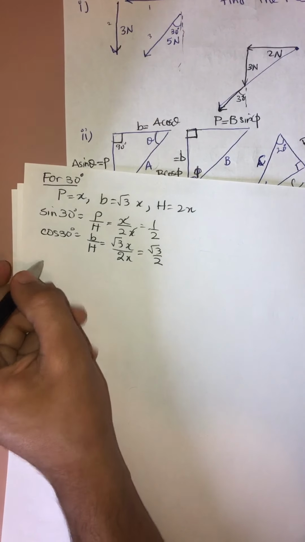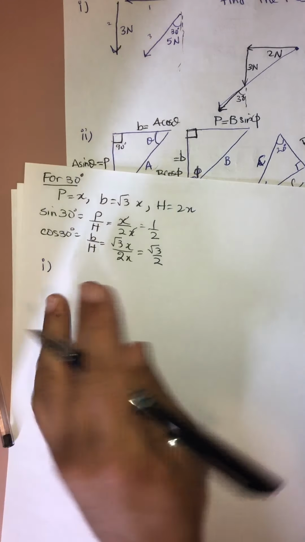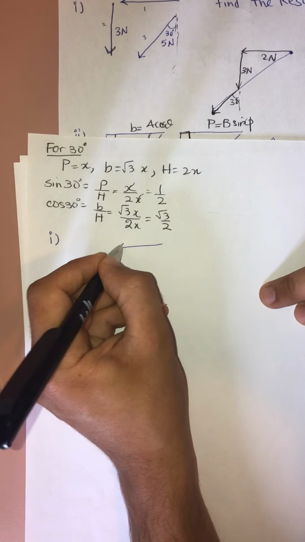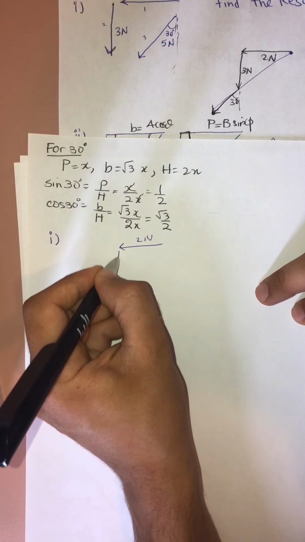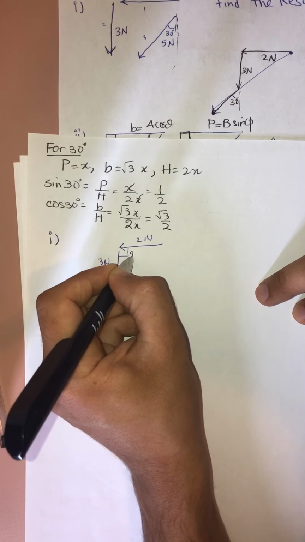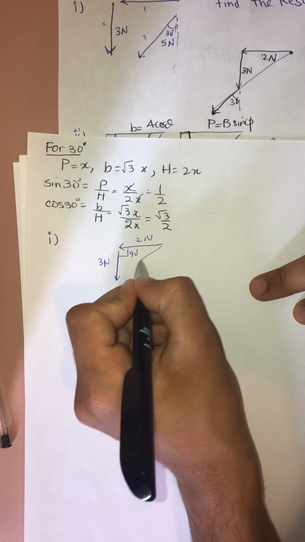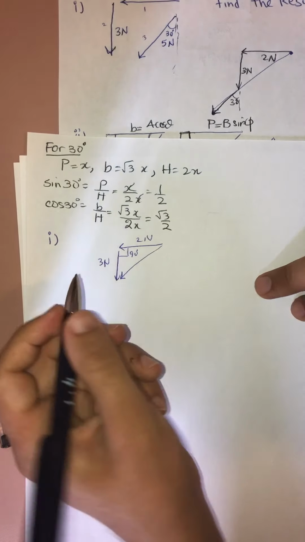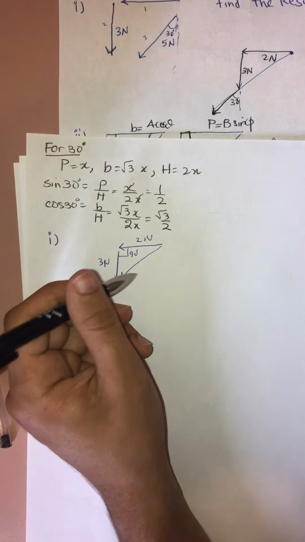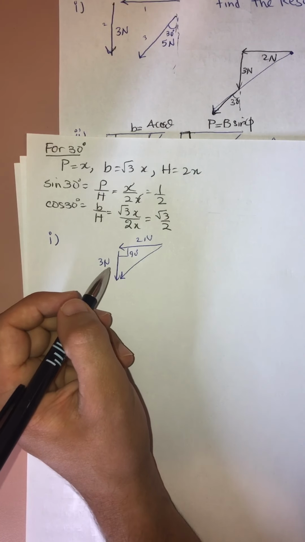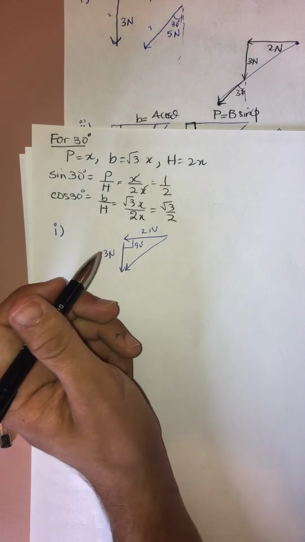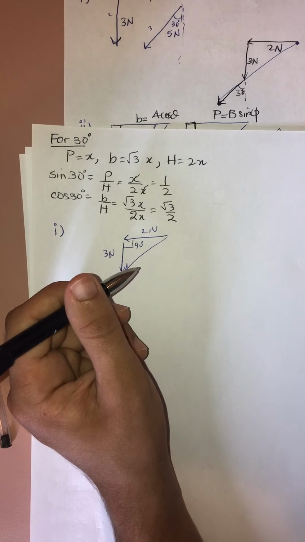So you will solve the first two vectors, which are the 2 newton and 3 newton, and we know that they are making an angle of 90 degrees with each other, and you find the resultant. Ignore the third one, we will use the third one later, but first of all find this vector and then use that vector to go further.